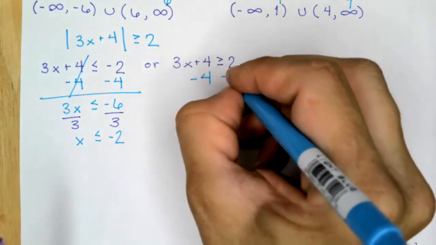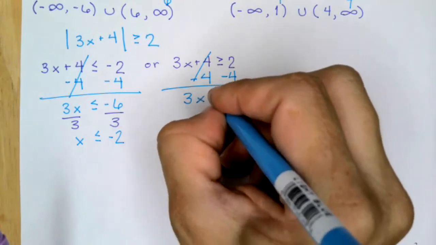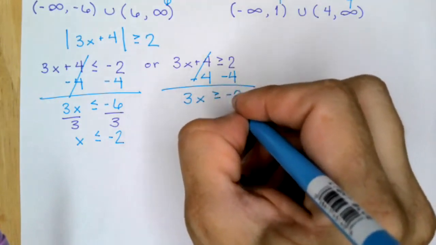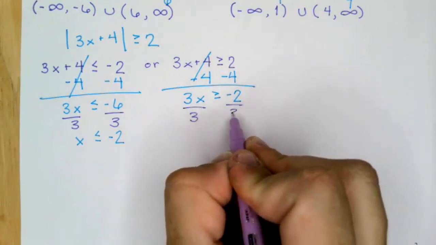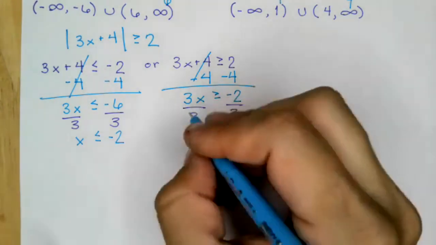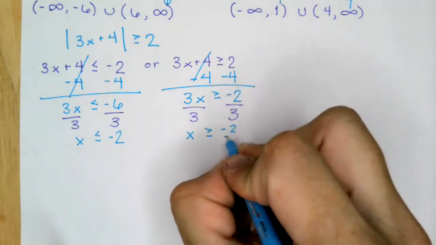Subtract 4, subtract 4, 3x greater than or equal to -2. Same division by 3, but we're just going to leave it as x is greater than or equal to -2/3.